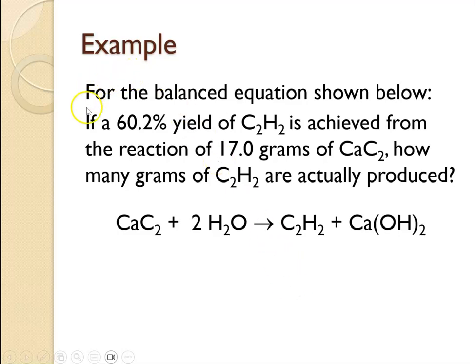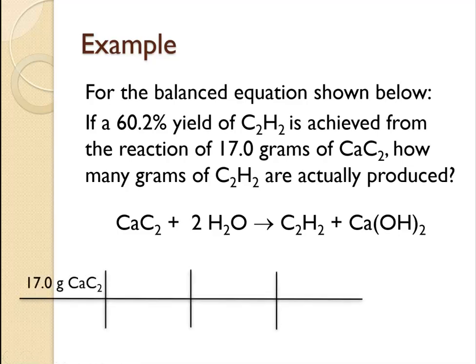Well, the problem gives us the percent yield. It doesn't give us the theoretical yield, but it does give us the starting amount of calcium carbide. And of course, we can simply do a roadmap 2 calculation in order to make that happen. So let's take our 17 grams of calcium carbide, and let's remember how we do a roadmap 2 calculation.